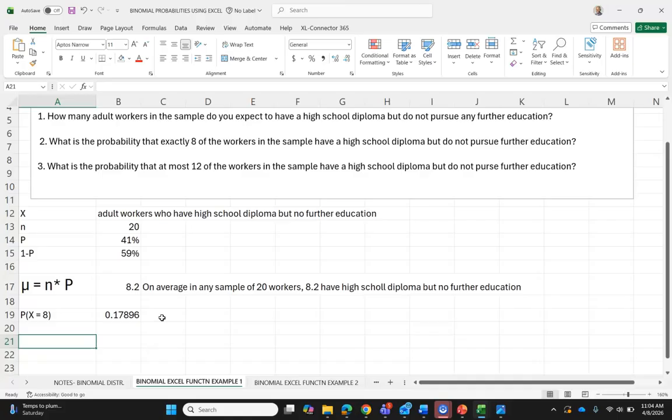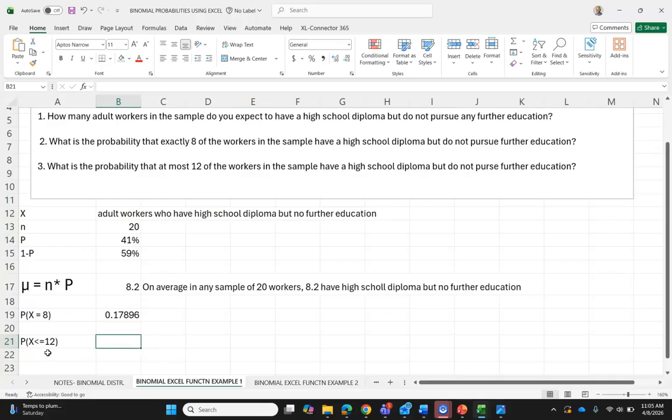It says, what is the probability that at most 12 of the workers in this sample have a high school diploma? So we need to define that probability, and we can write probability of X such that X is less or equal, that is the at most, to 12. This also satisfies the binomial distribution Excel function because it's less or equal.